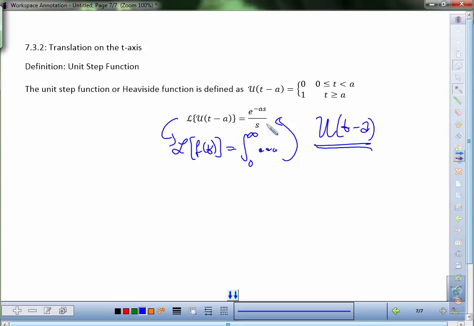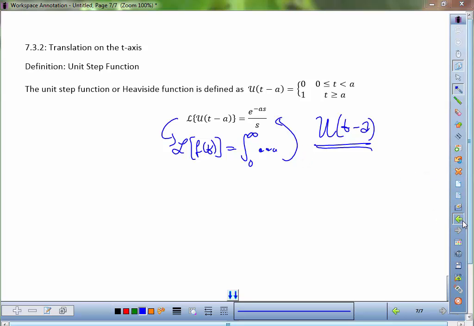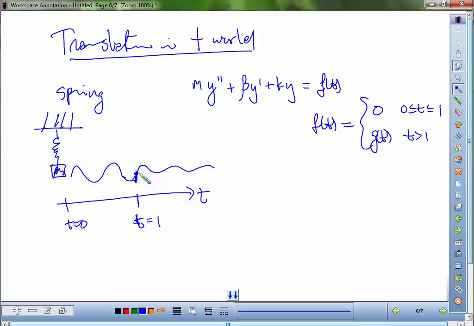But that's okay, because now when we go back to the t world, we're probably still going to have this exponential, and this exponential says that we're going to have this broken down into a piecewise function, which makes sense, because it's a piecewise function in the t world, we go into the s, and then when we go back to the t world, it still should be a piecewise function, because it's nice going at some point, and then you apply your external force, and then now it changes.